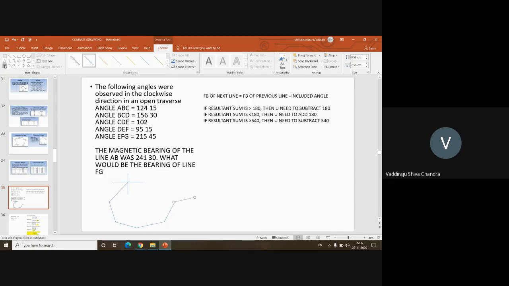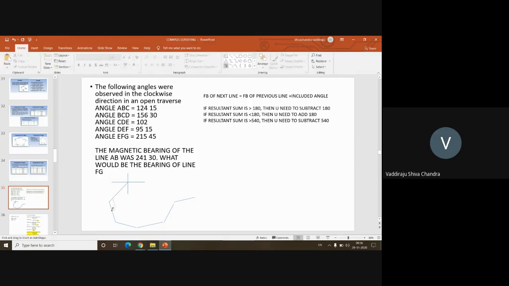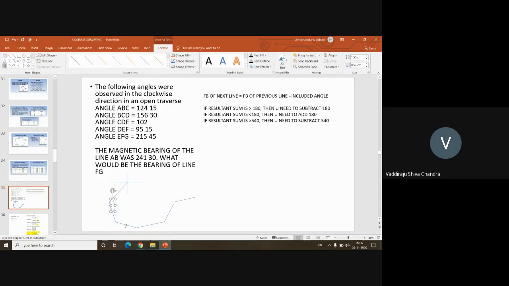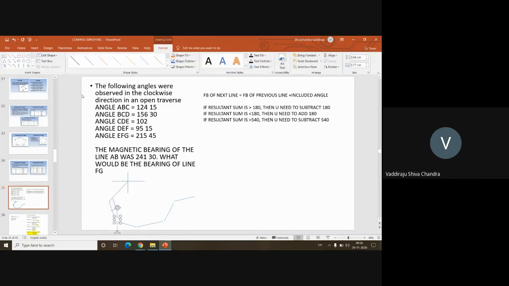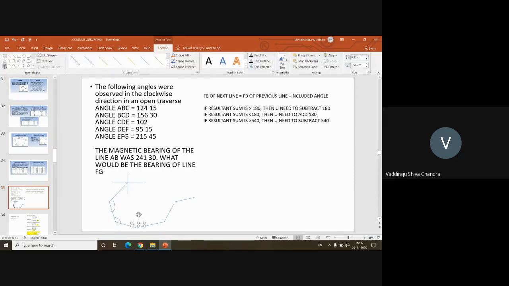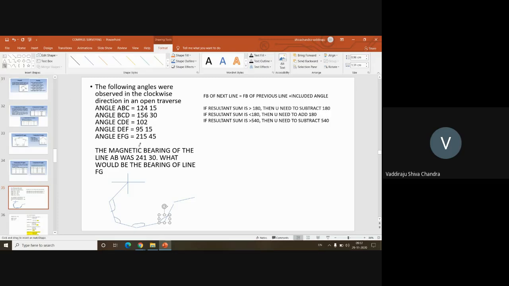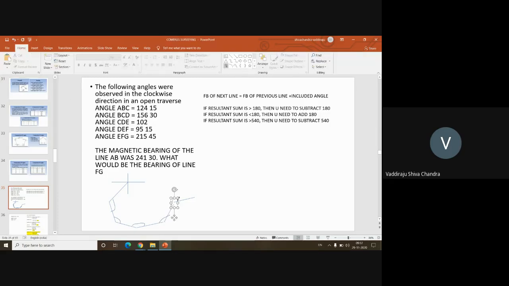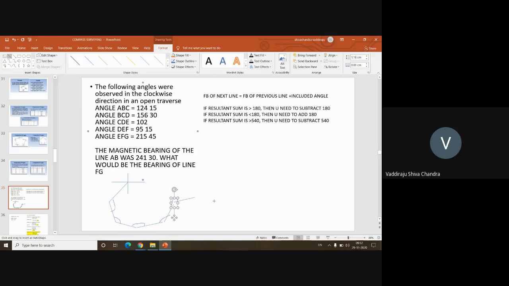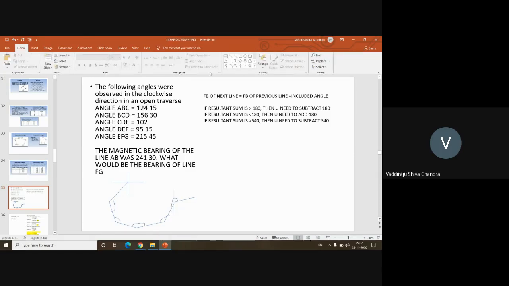So these all angles he has given to you. This angle is given to you. Similarly, this angle is given to you. Similarly, this angle is given to you. And this is also given to you, and this angle is also given to you. So what is he asking you to determine? Determine the forebearing of line FG. This is what he is asking you to determine in the question.